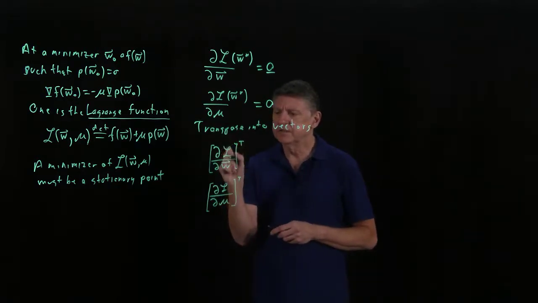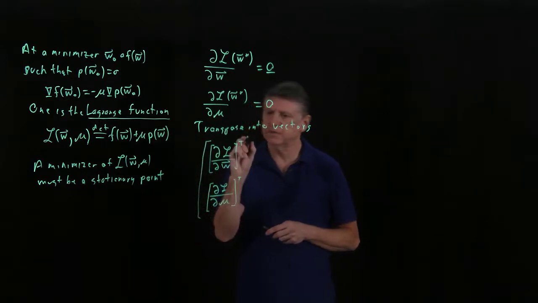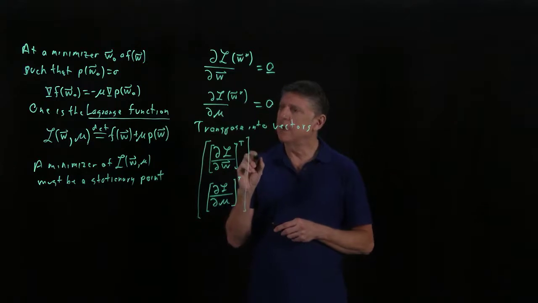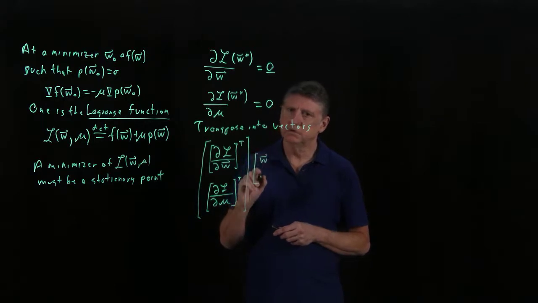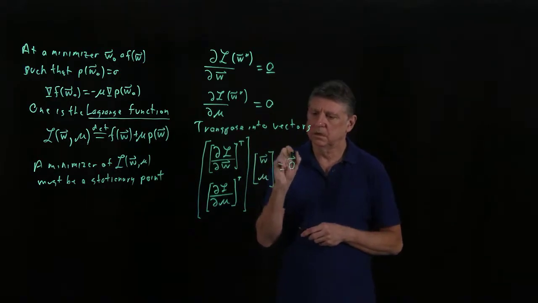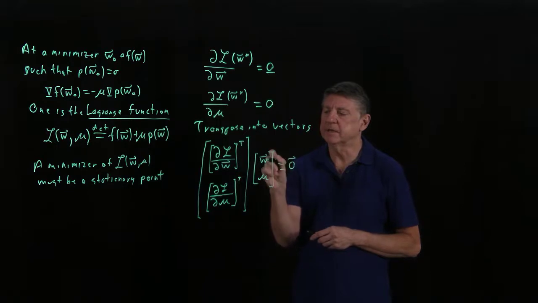Now this is a vector and that's a vector, so I can gather those into one huge vector equation. When I multiply that by W and mu, I want that to equal a 0 vector. The dimension of this 0 vector is the number of entries in W plus the number of entries in mu.